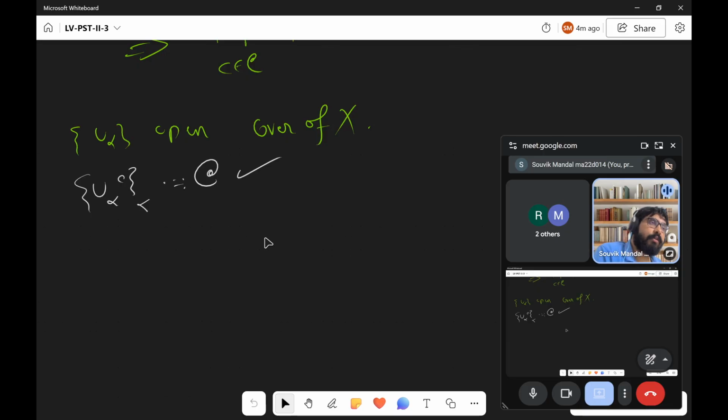Now we need to use the reverse hypothesis that any collection C having FIP has non-empty intersection.